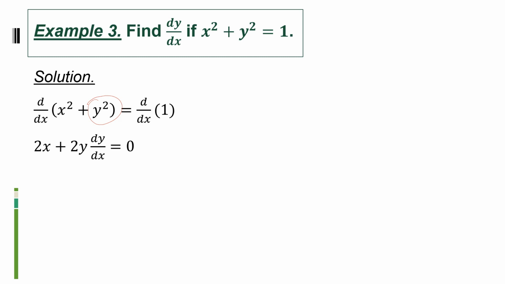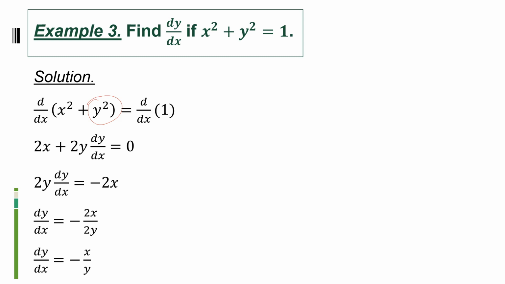So, that is all equal to 0. So, by transposition, we have 2y times dy over dx equals negative 2x. Or dy over dx is equal to negative 2x all over 2y. Or that is simply dy over dx equals negative of x over y.